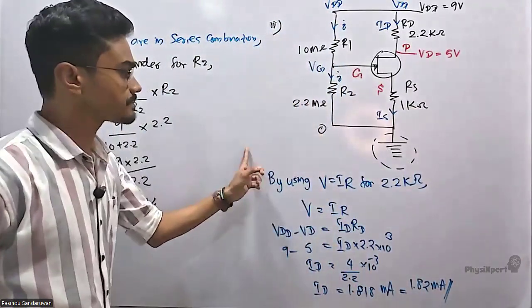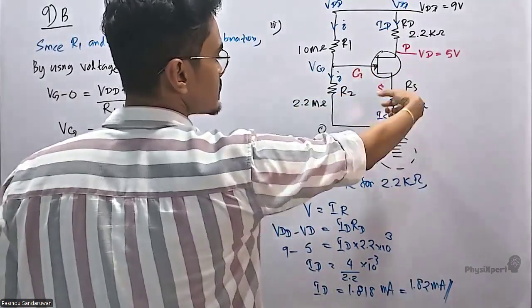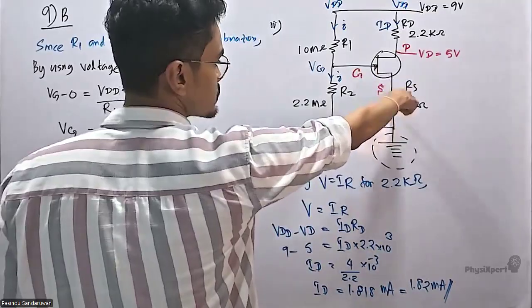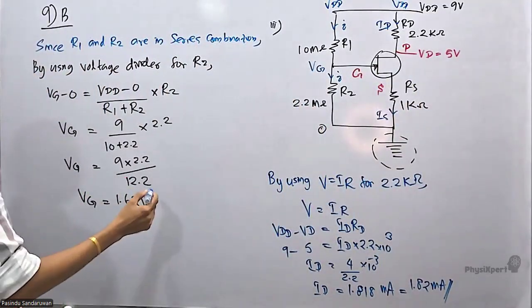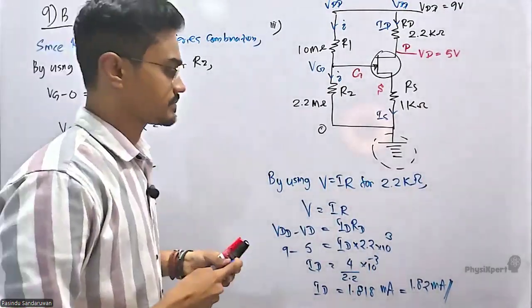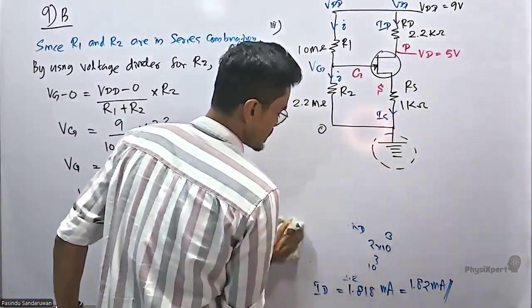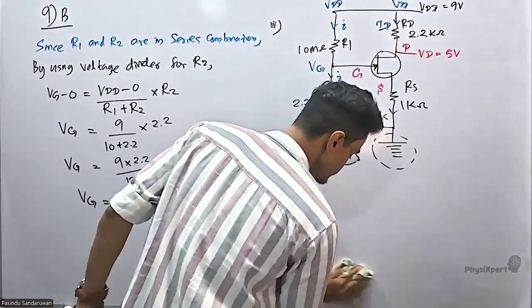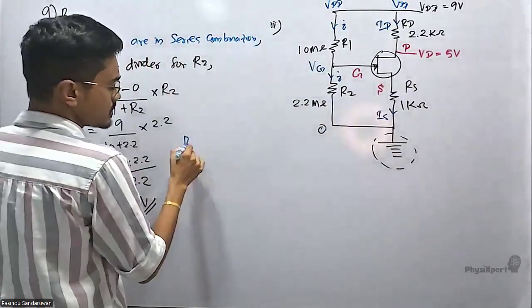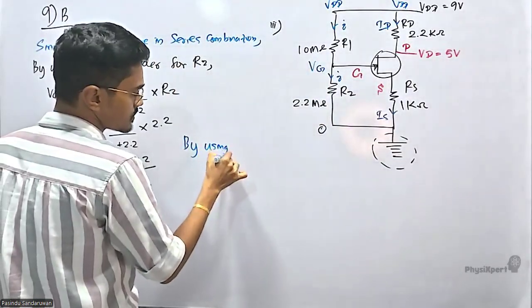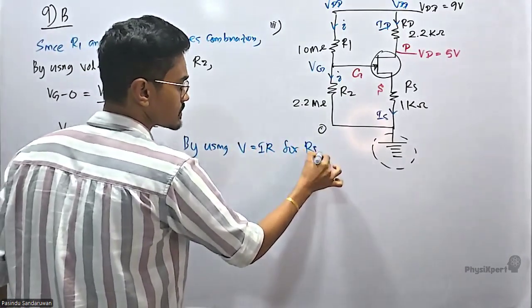Then to determine Vs, we can use V equals IR for RS.